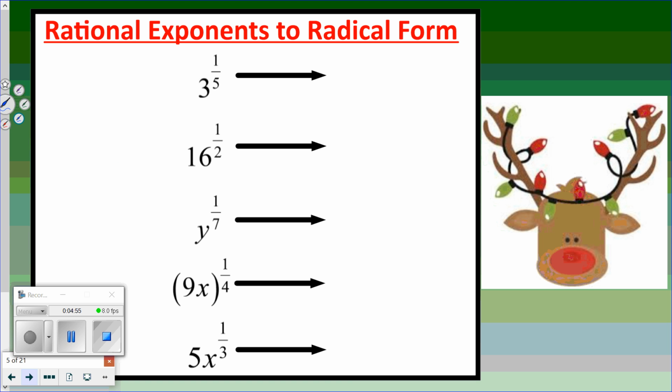Okay, can we go the other direction? So 3 to the 1/5 is what? Good. That would be the 5th root of 3. Remember, the roots grow underground. So the denominator, the part under the fraction, that's your root number. All right? 16 to the 1/2, which is?